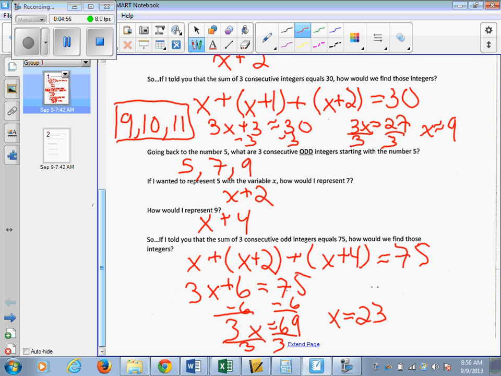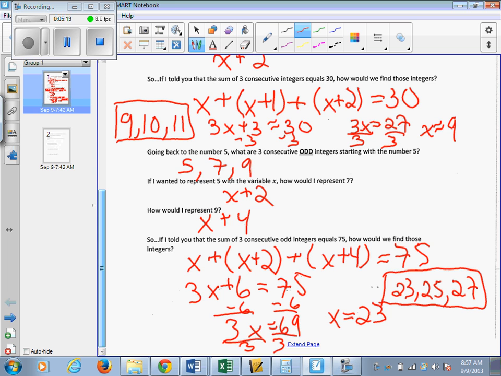X equals 23, that tells us that that's our first odd integer. So our three consecutive odd integers are going to be 23, 25, and 27. So we're actually looking for all three integers for our answer. We're not just solving for x.